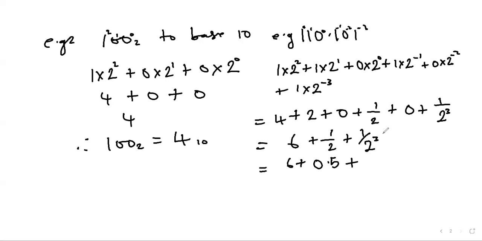And 1 over 8 is 0.125. So when you add all that, you have 6.625 base 10. So I've successfully converted this binary number to a denary number.